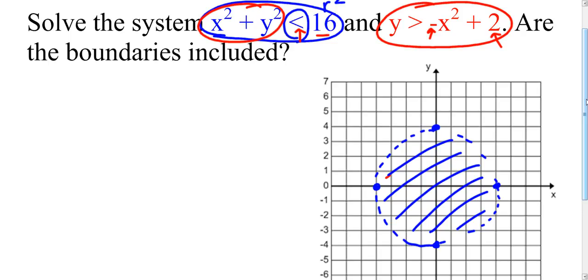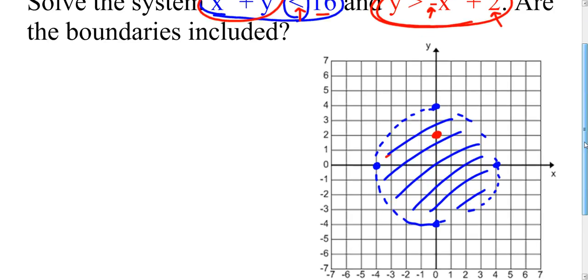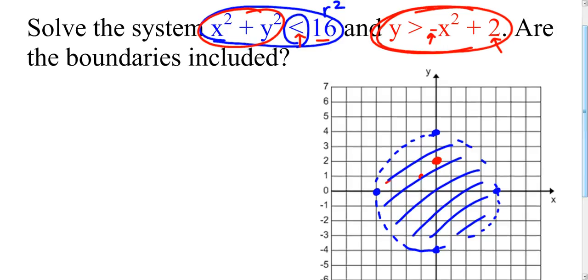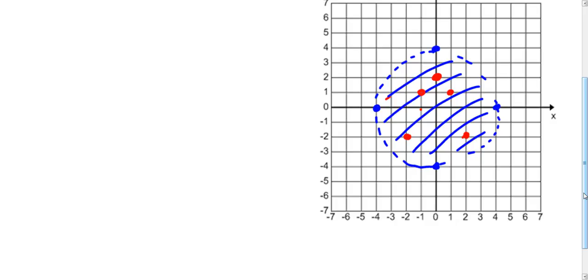All right, back to my parabola, which is this equation right here. What I know is that its vertex starts at 2, and it opens down. Again, you can go to your table and get some points to plot if you want.